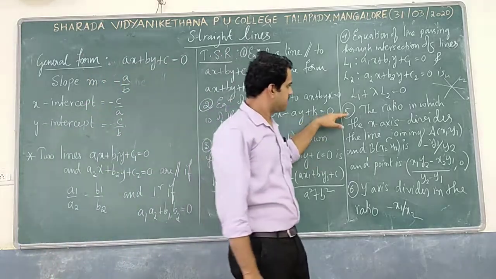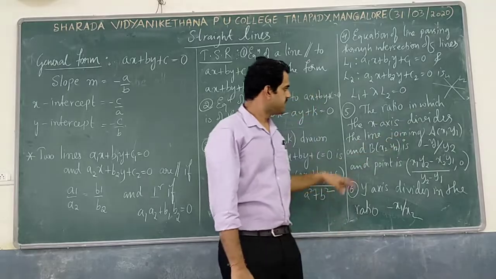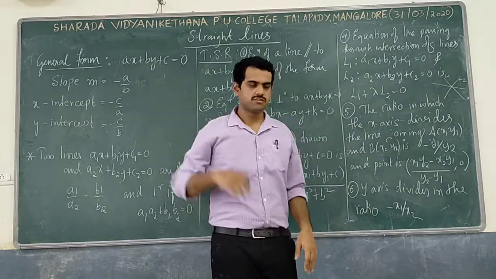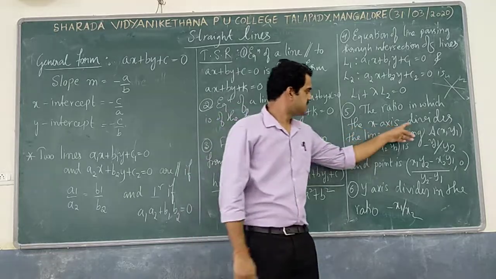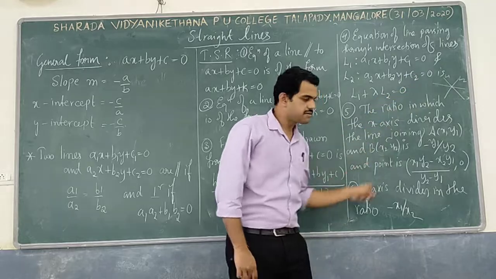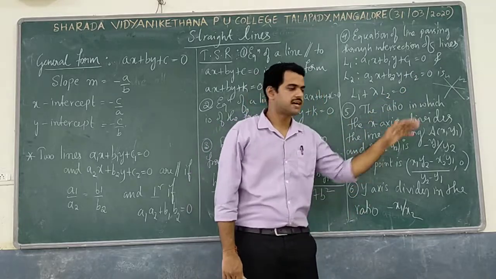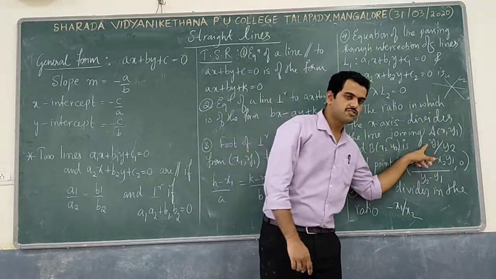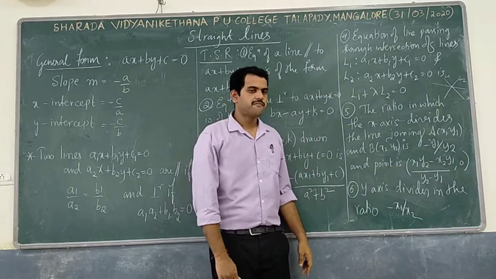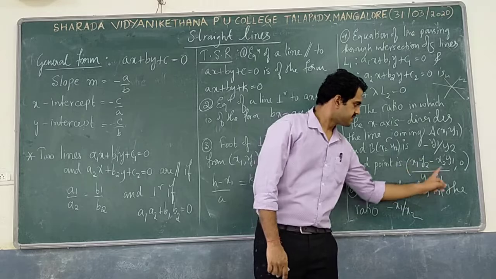Coming to the next point, the ratio in which the x-axis divides the line joining two points. You take two points joined by a line, and the x-axis will cut it in the ratio -y1 by y2. The point of intersection is obtained by this result.